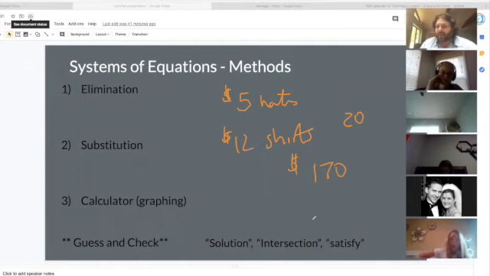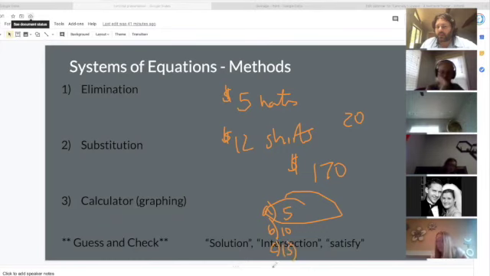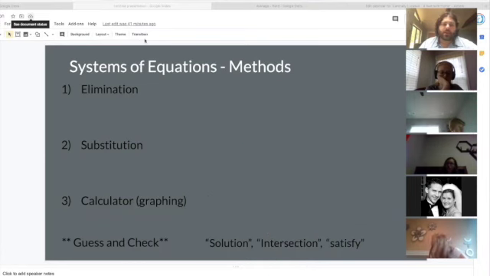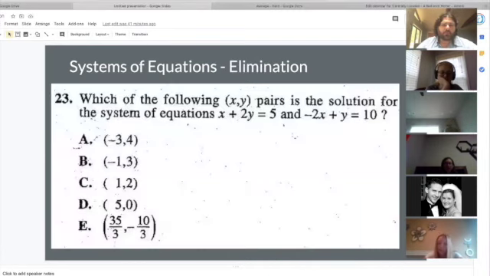How many hats did I sell? Well, you could assume that you sold 5 hats and see if it works, with the answer choices being 5, 10, 15, 17, 18, whatever it is. You could guess and check here, okay? So with word problems, sometimes you can guess and check. Sometimes you can't, but sometimes you can.